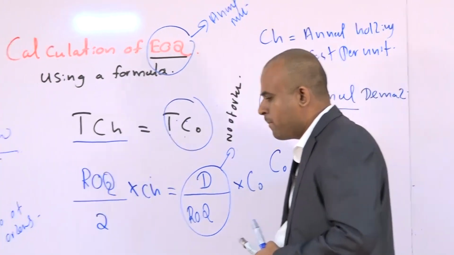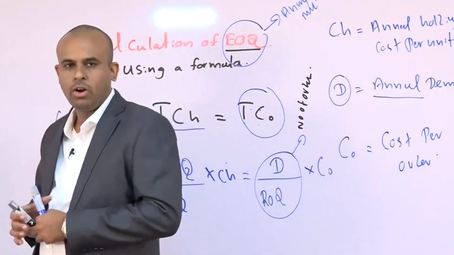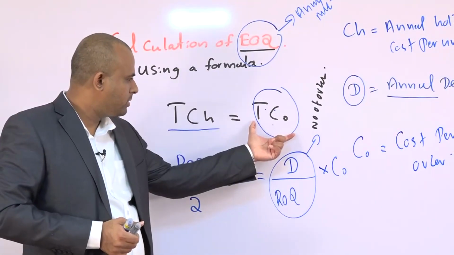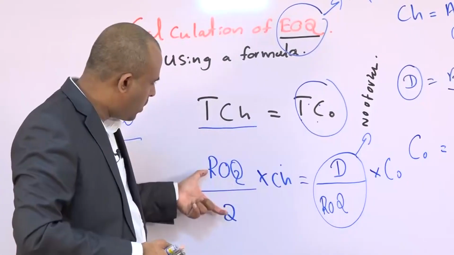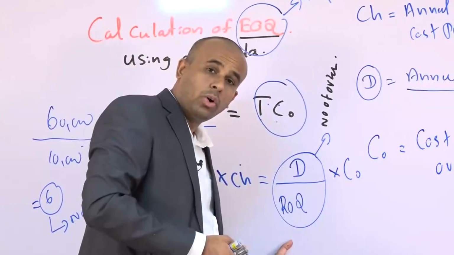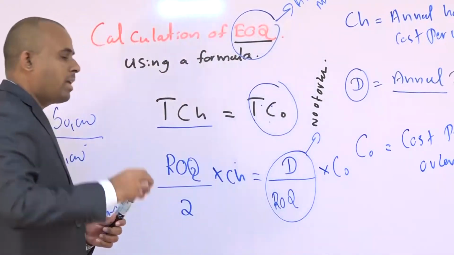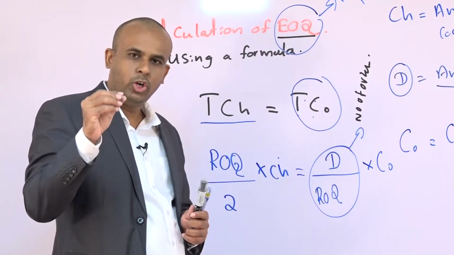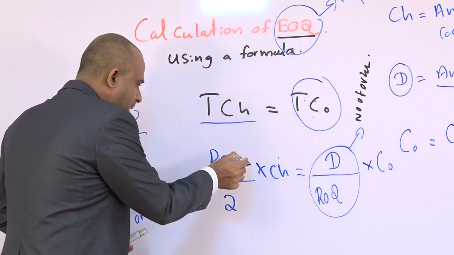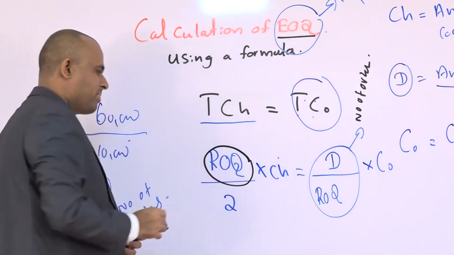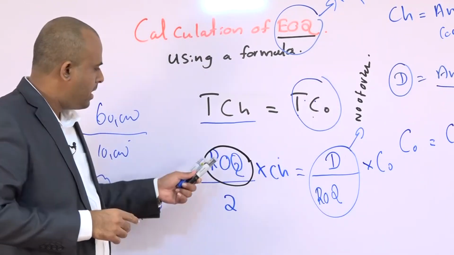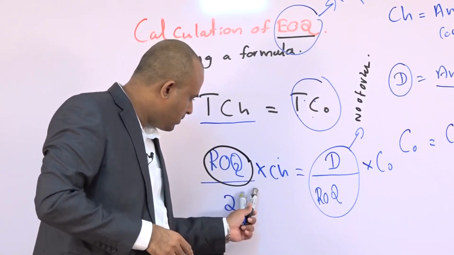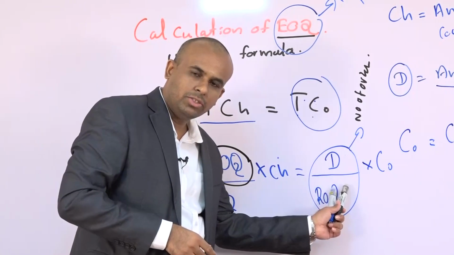Right. Okay. Then in the economic order quantity, basically, I told you the total holding cost and the total ordering cost are equal to each other. Puta, our main target is what? Finding the economic order quantity. At this level, the total cost of holding is equal to the total cost of ordering.